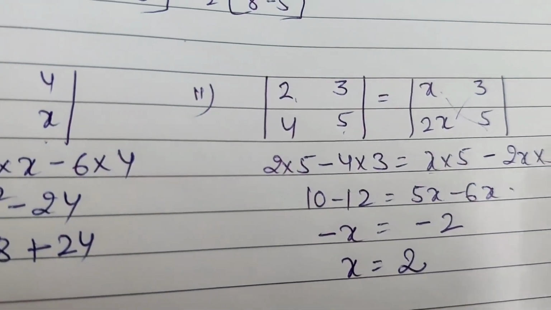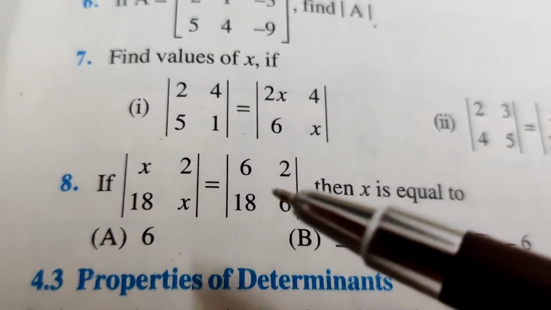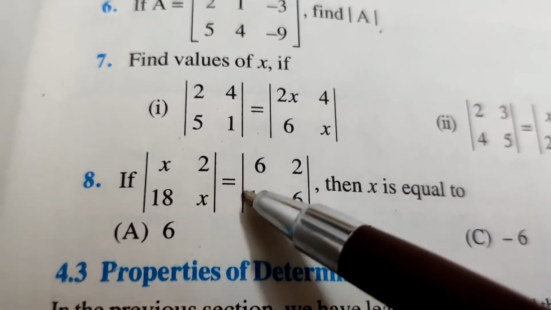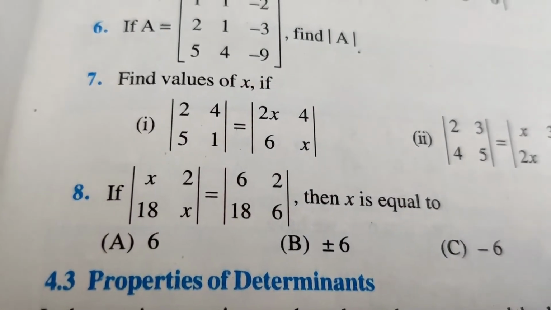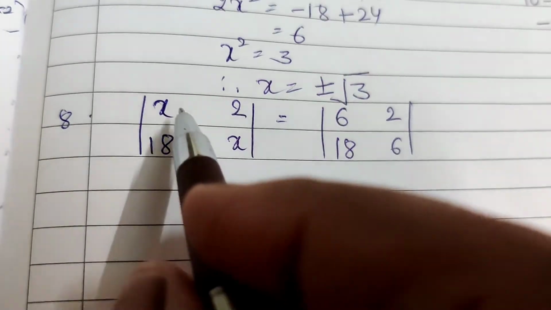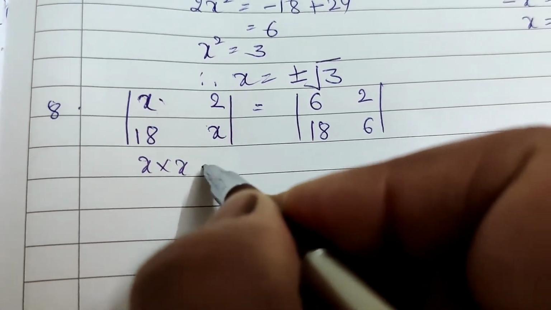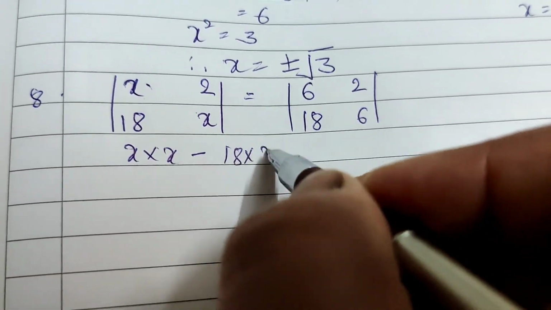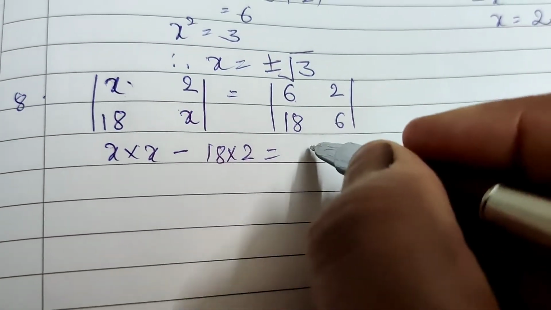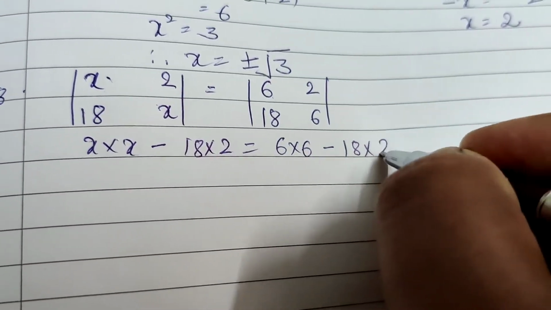And the last, question number 8. If x, 18, x, this determinant equal to this, then x is equal to, okay, x into x minus 18 into 2 equal to 6 into 6 minus 18 into 2.